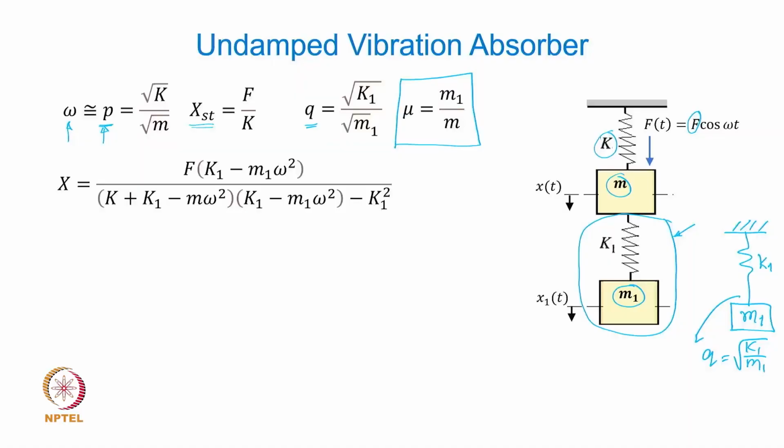Well, with this, if I substitute the assumed solution, this is so routine that I don't really need to discuss a lot about it. You assume a harmonic response or a solution to this governing equation of motion, which we have already seen a few slides back, x to be capital X cos omega t and x1 to be capital X1 cos omega t.